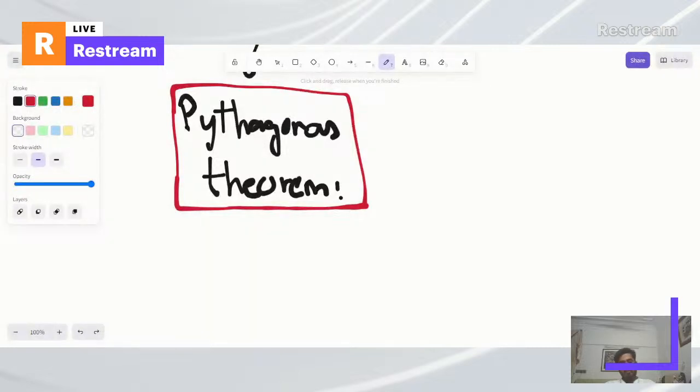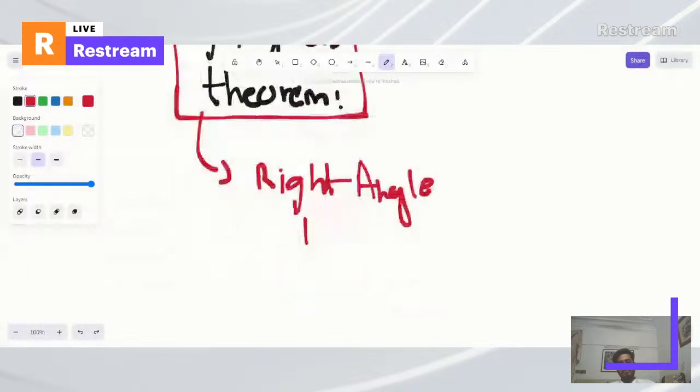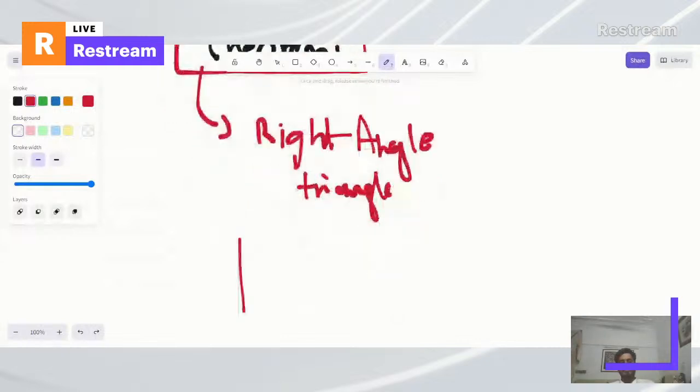Pythagoras theorem was a special type of theorem that was specifically designed for right angle triangles. So what are right angle triangles? Right angle triangles are triangles that have one angle which is 90 degrees.